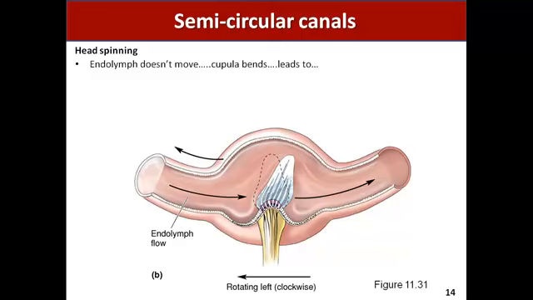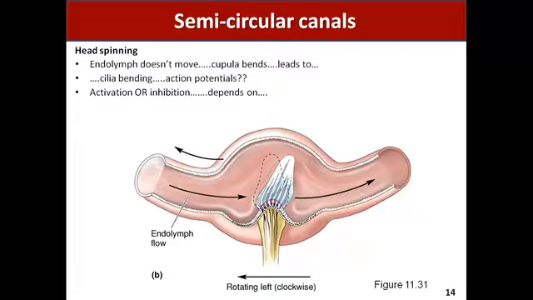If we take a look at whole body spinning, or just simply head spinning, the central functional portion of the semicircular canal is contained within the endolymph, and with head spinning, the endolymph doesn't move, so typically the cupula bends in this direction. Here we see a leftward rotation of the head, and cilia bending will lead to action potentials.